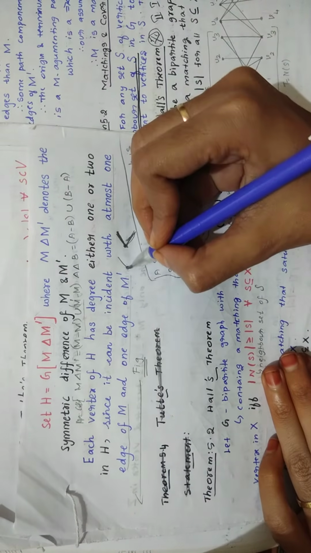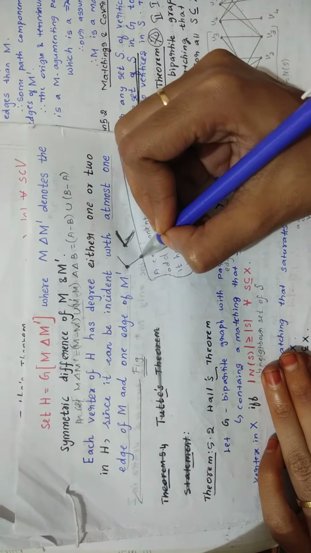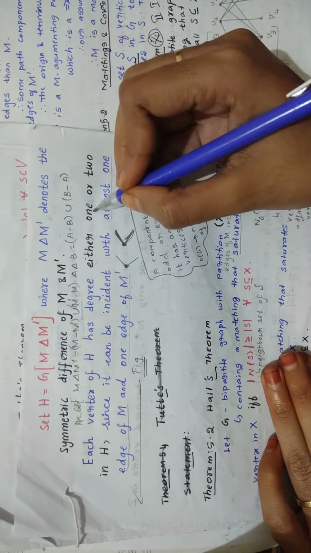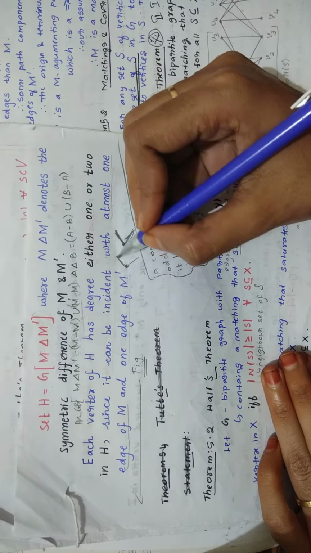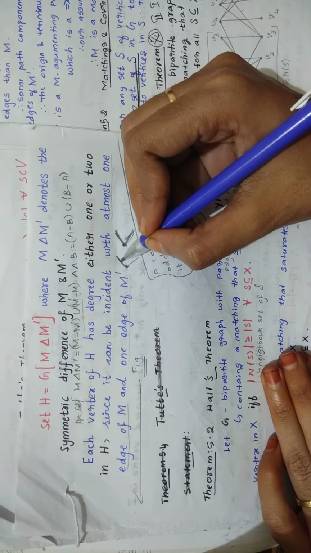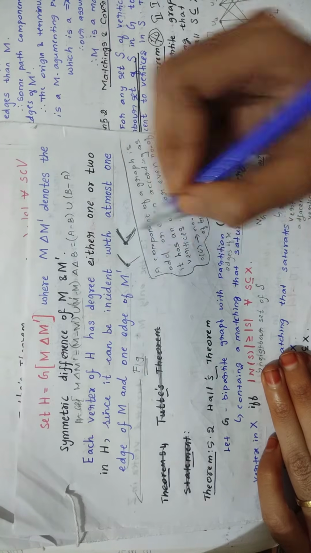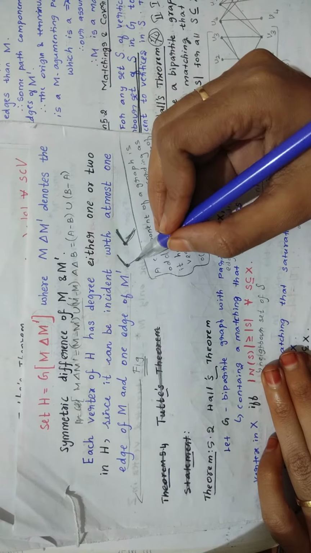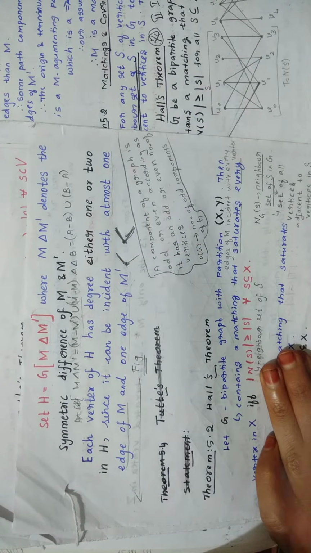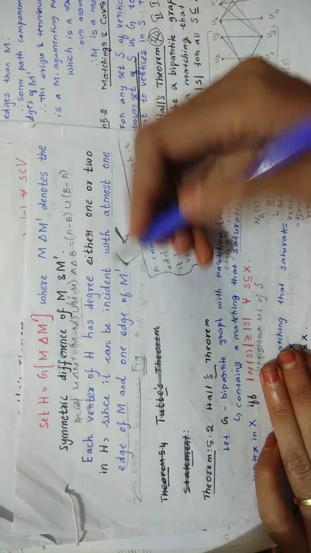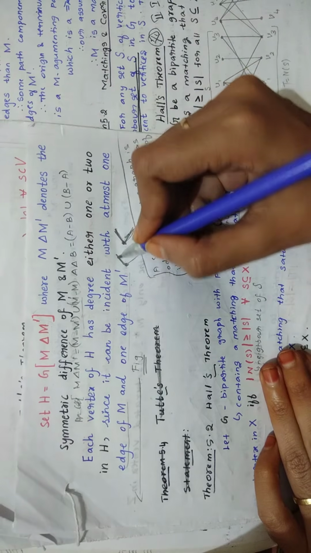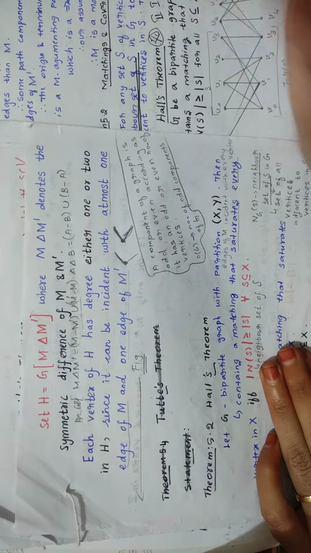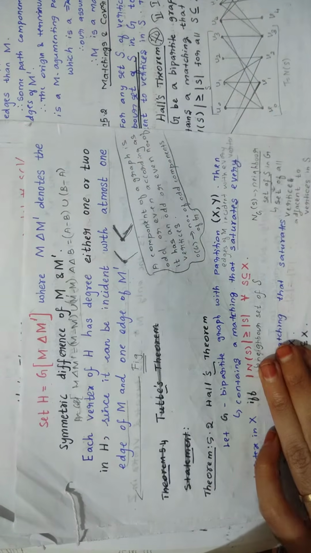To this vertex, there will be two edges, as you have said here. One edge is the edge from the matching M, and another edge will be the edge from the matching M dash. That is why you are saying the vertex of H has degree either 1 or 2. That is how you are writing these two sentences.